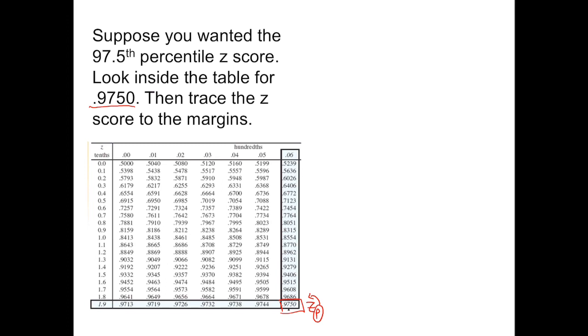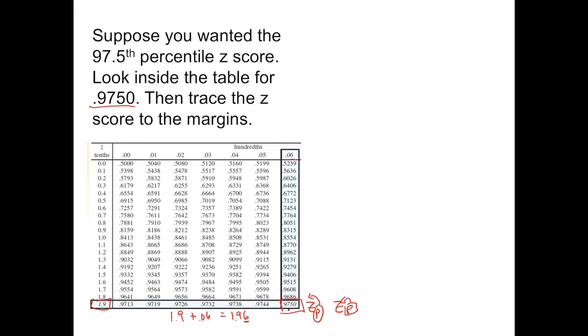So the percentile of 0.9750, we're going to go over, which is going to be our tenths, which is 1.9. And then if you want, you can think of it as adding 0.06, which would equal 1.96, or if you just know that this value here is going to go there, so it's 1.96. So when we look up a Z percentile, again, that's a Z underscore p, you're looking for a percentile of a Z score.